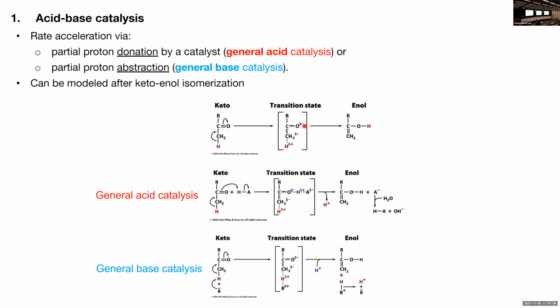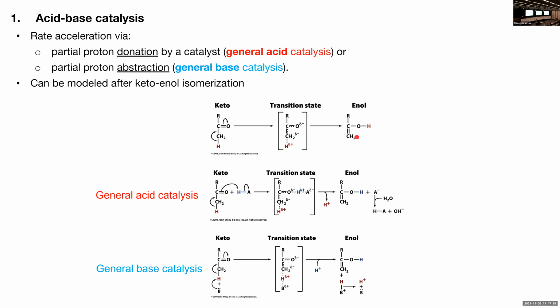It makes a partial negative charge at both ends, this carbon as well as this oxygen. And later on, the hydrogen cation that is floating in the solvent can come here and easily attack this partially negatively charged group to form the enol form.